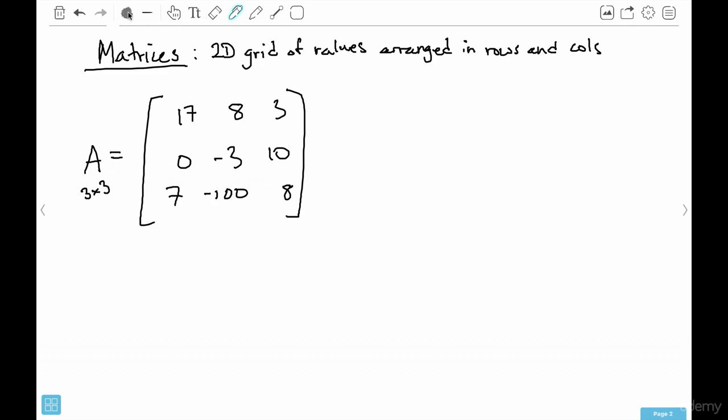Now inside of this matrix we have these things, and these things are called entries. Entries are just any old thing that go inside of a matrix, and they can really be anything, but usually they're just single numbers, plain old numbers, what we're used to.